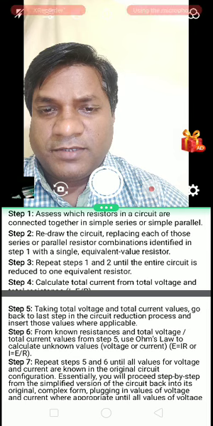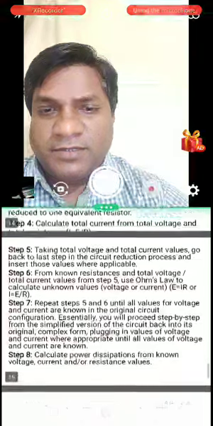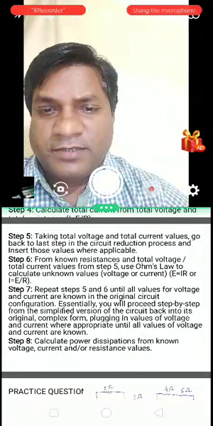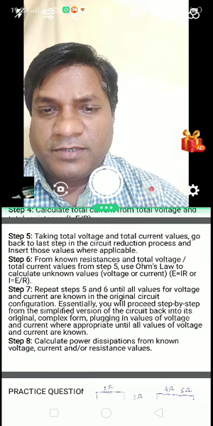Next, calculate the total current from the total voltage and total resistance by using Ohm's law. In the next step, taking the total voltage and total current values, go back to the last step in the circuit. Use the reduction process and insert those values wherever applicable.